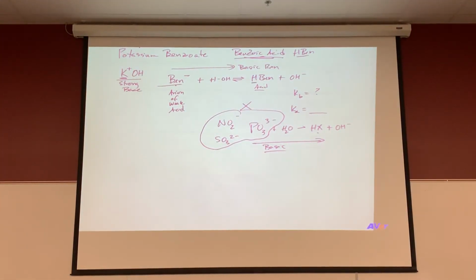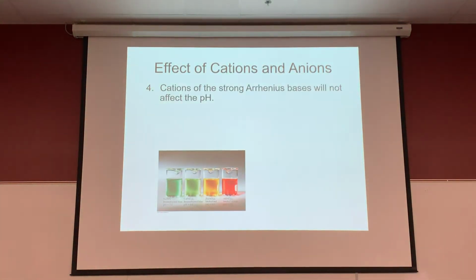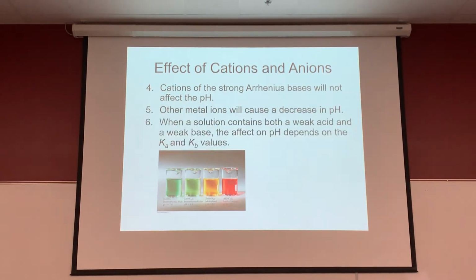So nitrite, sulfite, phosphite. I just kept the ite grouping. But if you have nitrate, NO3, that's strong. Sulfate, SO4, that's strong, and so it won't affect. Right. So flip this. And then statement 6 is what you were asking about.